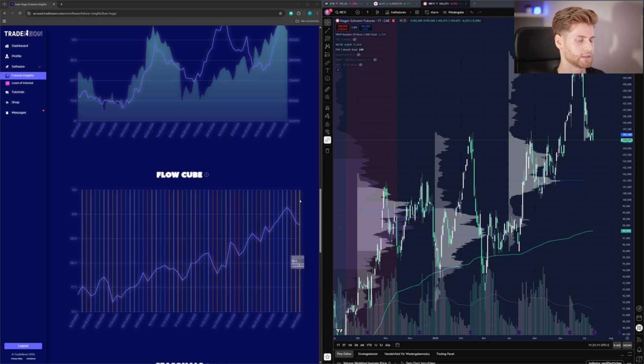What we can see right here, so we had strong long liquidation, weak long liquidation, and strong long liquidation, which simply means that the price is falling, and also the open interest is falling. And obviously it would be even more beneficial for a potential short trade if we were to see that now finally new short positions are formed in the market.